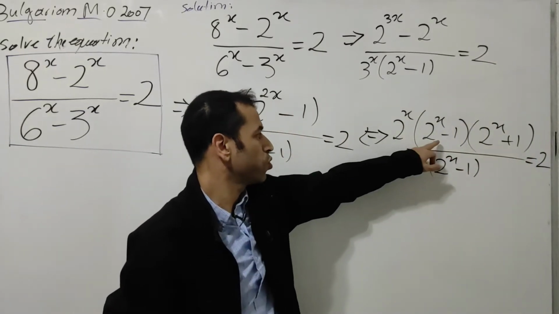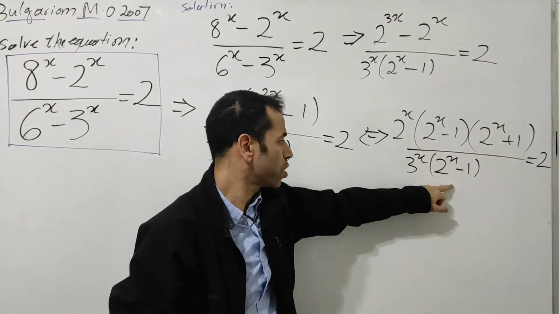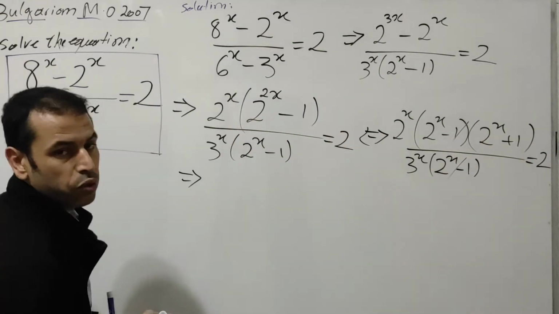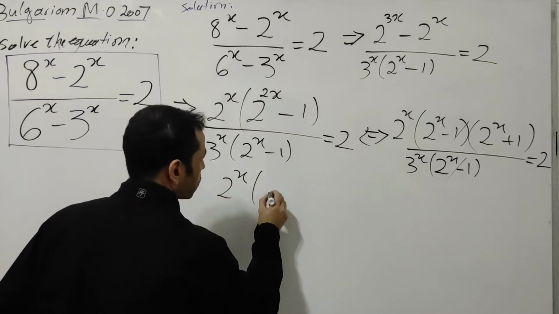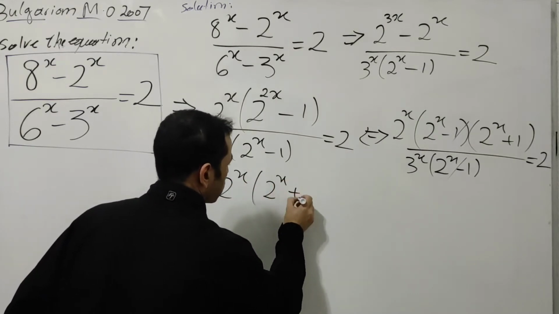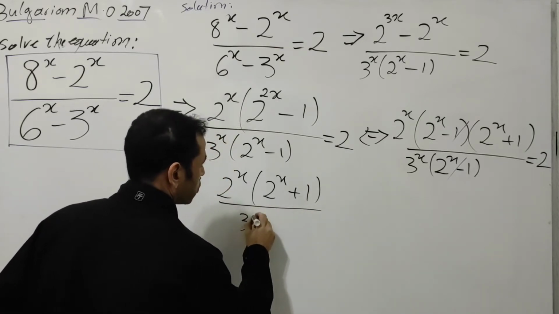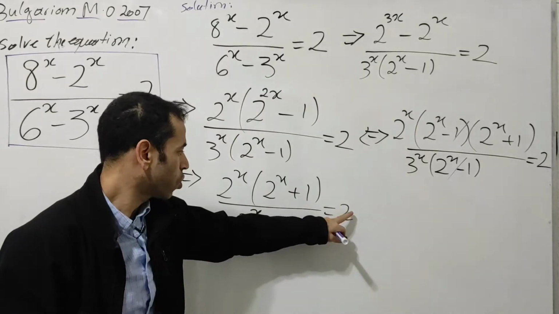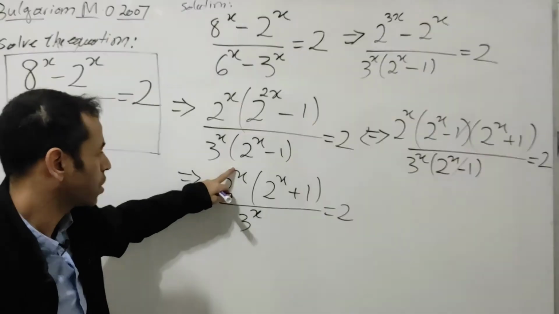It's very clear. I'm going to cancel out 2^x - 1 because one is in the numerator and the other is in the denominator. I will end up with 2^x multiplied by (2^x + 1), divided by 3^x, equals 2. Also this number 2 will be cancelled down to 1 because we have here 2^x.